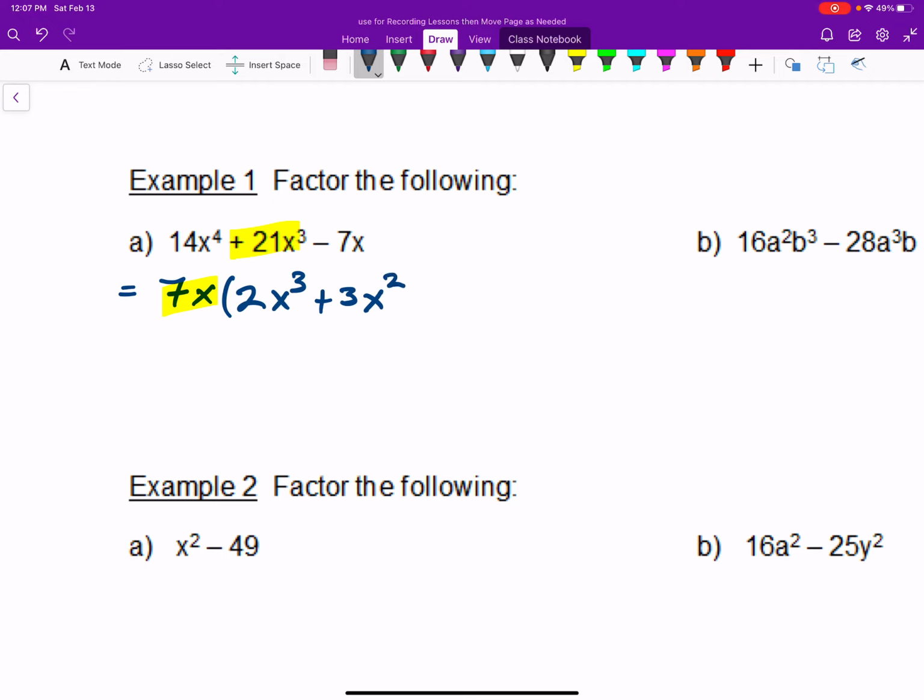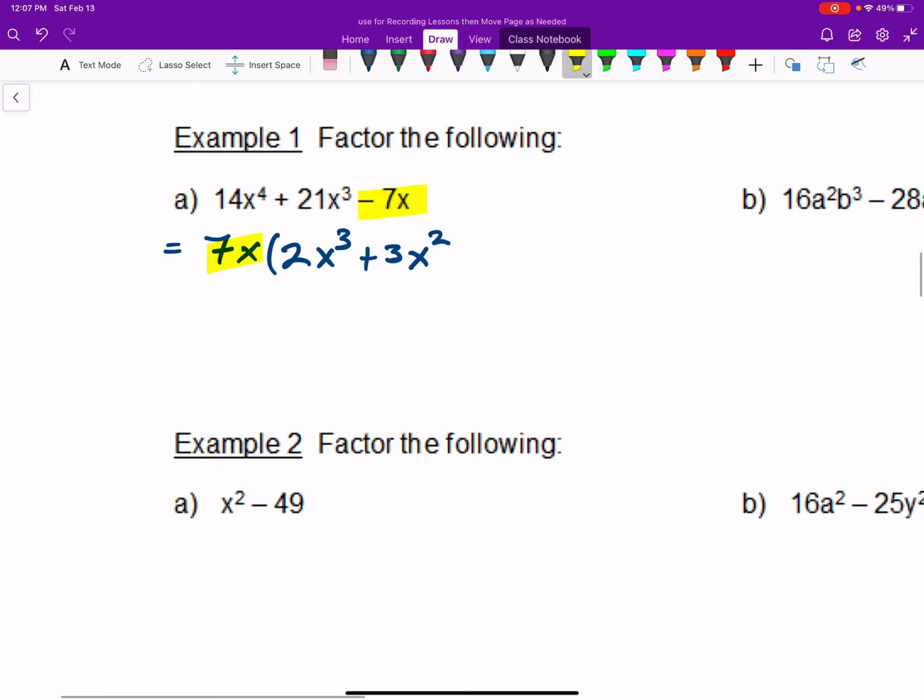And then when I do the next part, negative 7x divided by 7x, well, negative 7 divided by 7 is negative 1. X divided by x cancels out, and that is as far as I can go for common factoring.